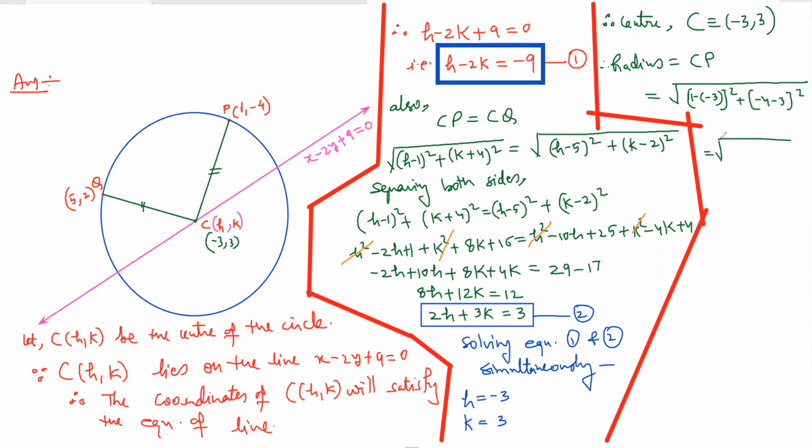So you get here (1 - (-3))² + (-4 - 3)². So you get the square root of 4² = 16, plus (-7)² = 49, that is 65, square root of 65. This is your radius.